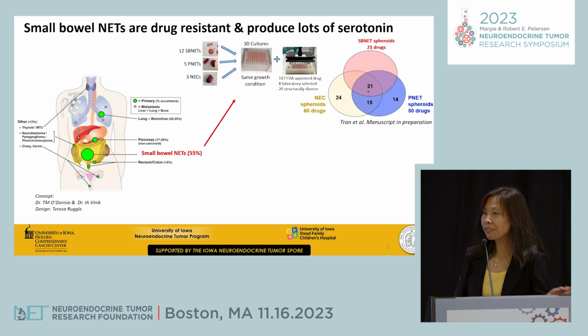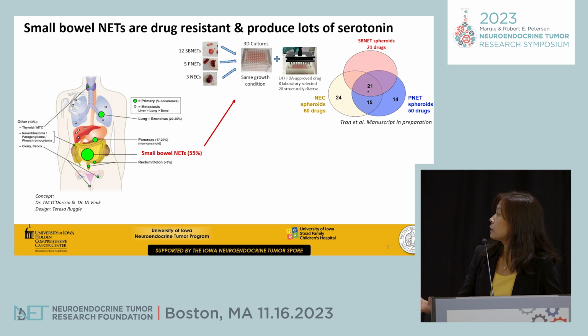So lately we have some preliminary data that's been going on for a few years now that we've compiled. We did a lot of drug screens with the patient tumor spheroids. And when we put our data together, what we realized is that the small bowel neuroendocrine tumor spheroids are highly drug resistant, similarly to what our clinical colleagues see with the small bowel neuroendocrine tumor patients.